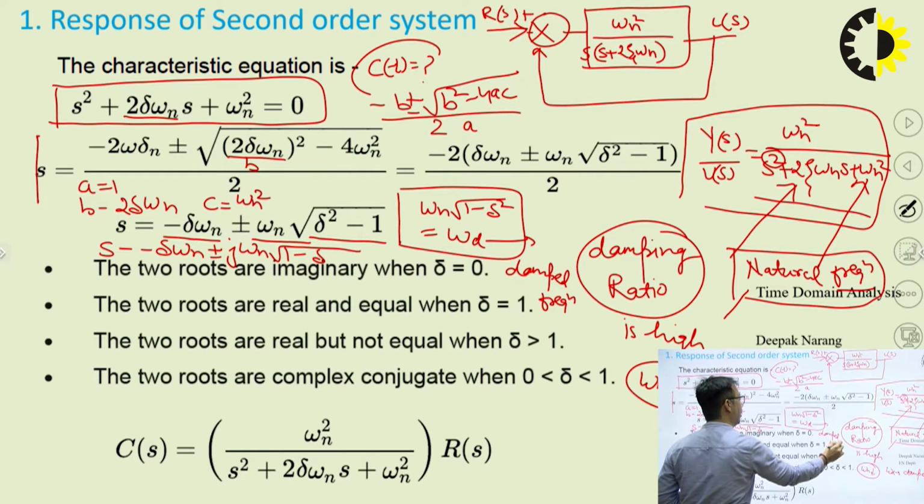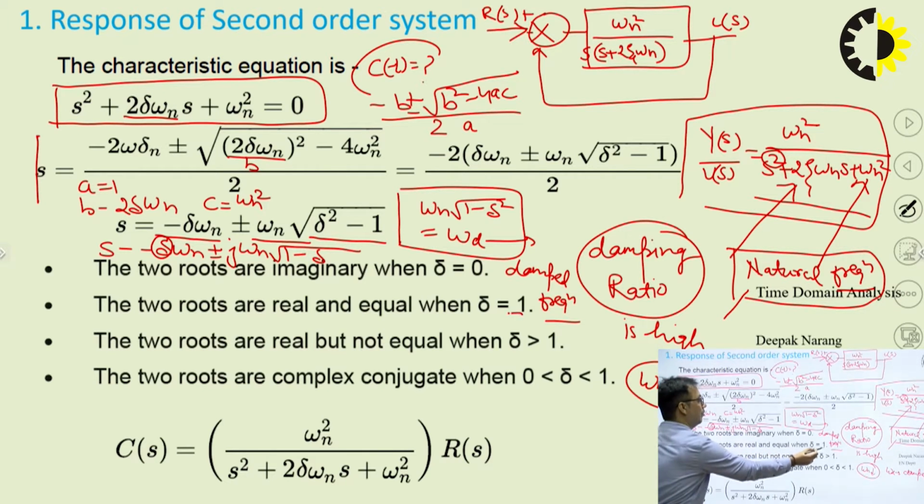Now, on the basis of this damping factor, we can divide our system as overdamped, underdamped, or critically damped. So we can see if zeta is equal to 1, if we put zeta is equal to 1, the roots of this equation will become s is equal to minus omega n, only this.